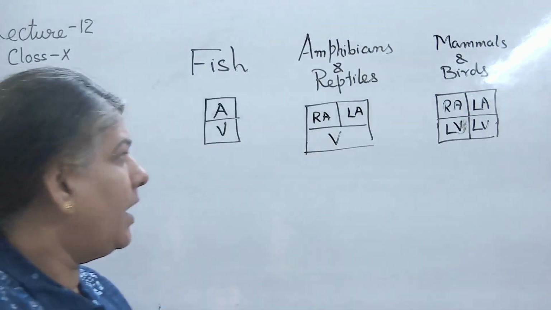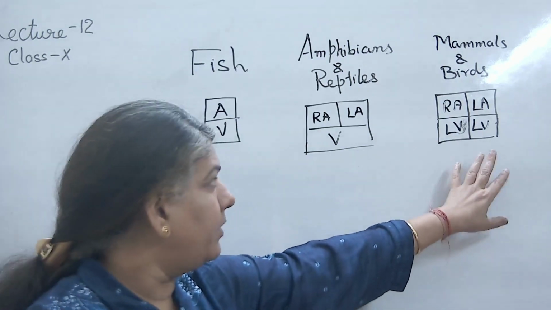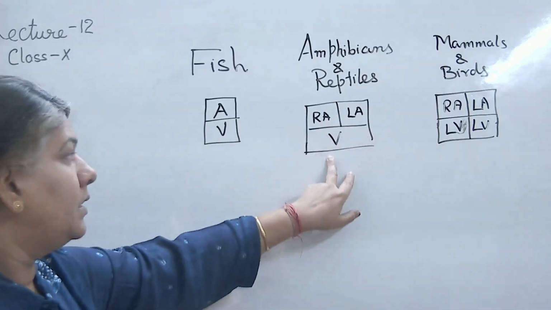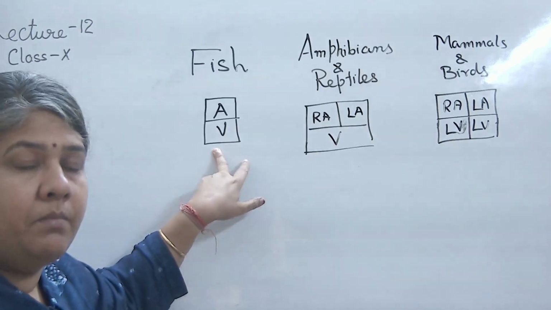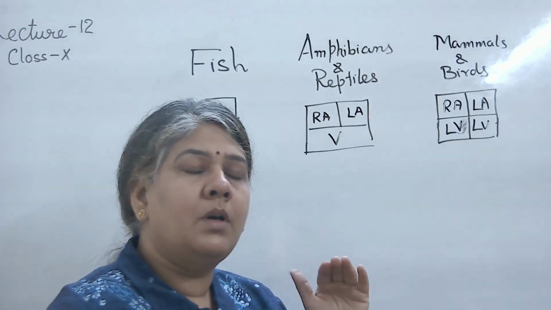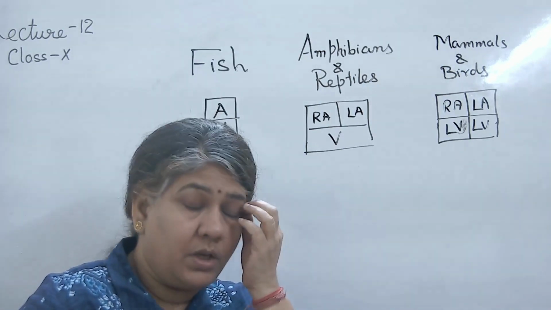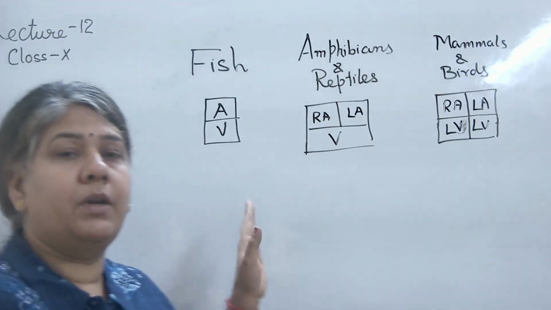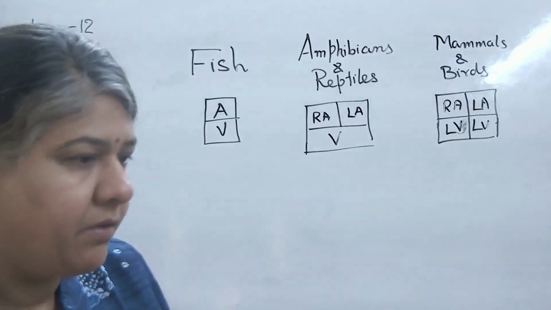So human heart, we see there is complete separation of left and right. So there will be no mixing of the blood. Here there will be mixing of the blood. In fishes, blood flows through the heart just as deoxygenated blood, or venous blood. So in fishes, we say blood circulation is single circulation. That I'll explain in a while.